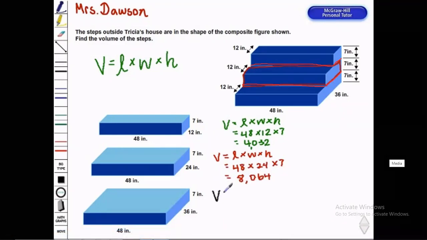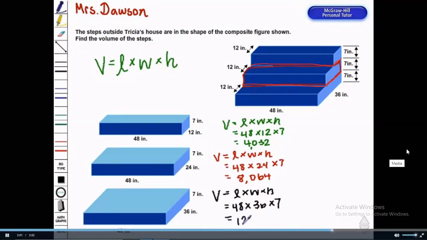The bottom step, which is the largest, has the same height, same length, but is deeper. 48 times 36 times 7 gives us a volume of 12,096.